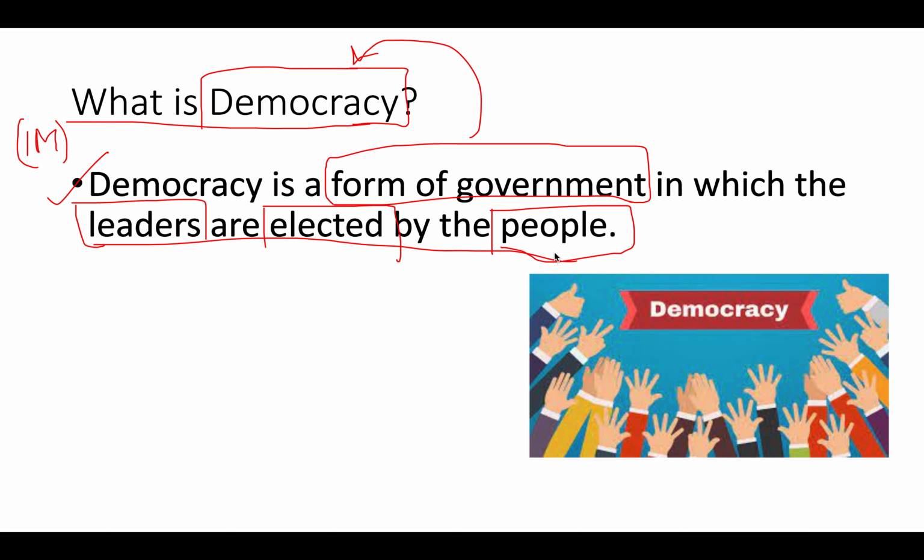Without these particular key points, our definition of democracy is completely incomplete. These are the four major terms which make up our definition for the term democracy. These are the key points which we all have to remember regarding the term democracy.